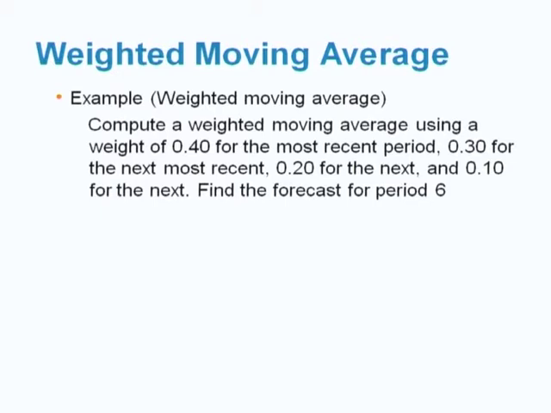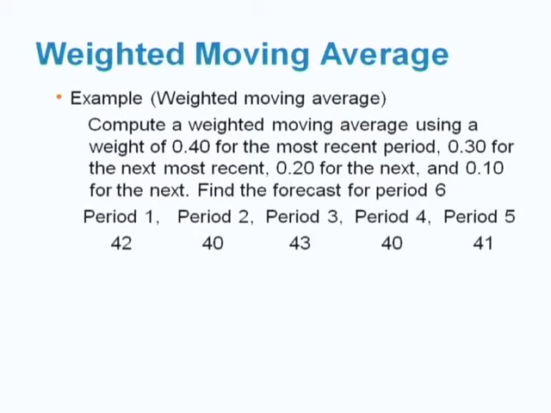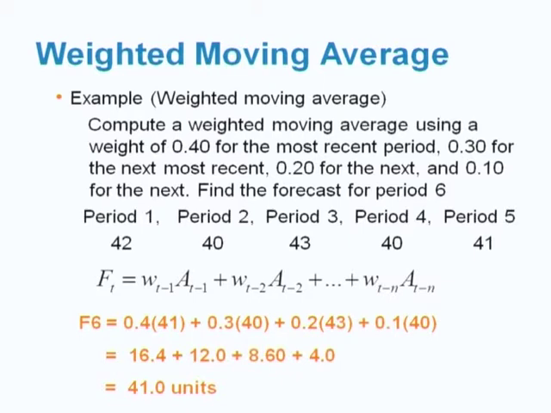We find the forecast for period 6: F6 equals 0.4 times 41 plus 0.3 times 40 plus 0.2 times 43 plus 0.1 times 40, which is equal to 41 units. The mathematics is simple.